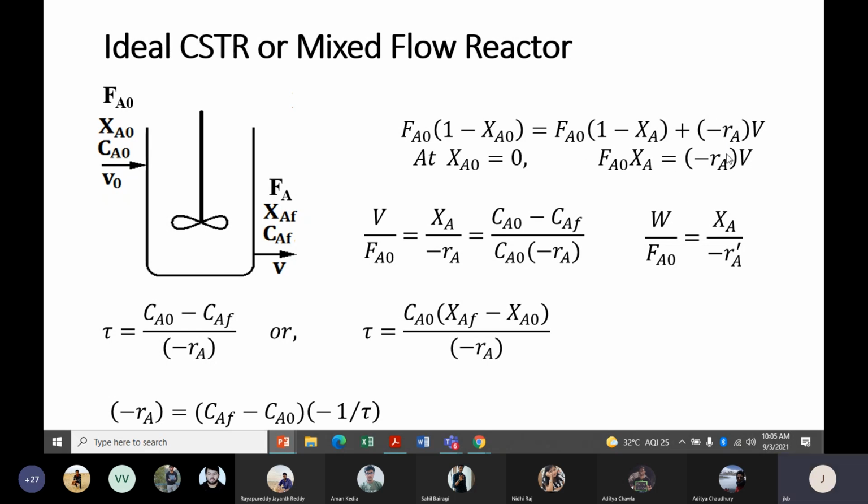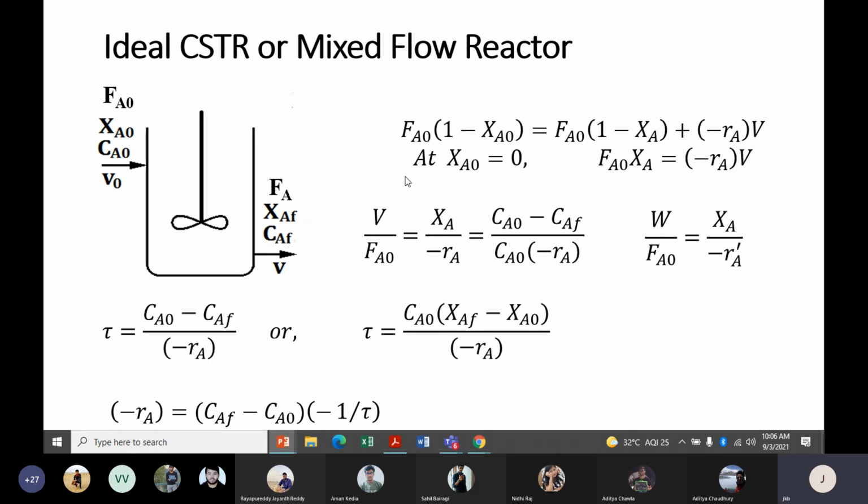And it is Xa0, similarly final condition it is Xa. And from this mole balance, if Xa0 is substituted 0, we get Fa0 Xa is equal to minus RAV. And this V by Fa naught is Xa by minus Ra. This is the main mole balance for ideal CSTR.